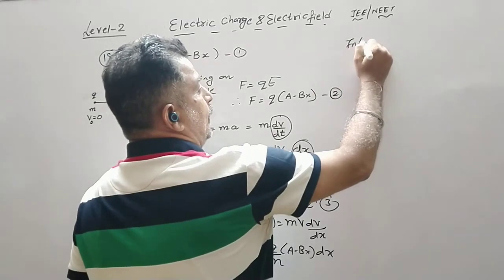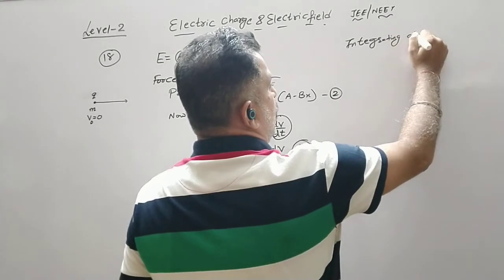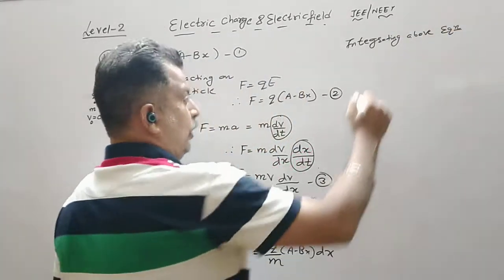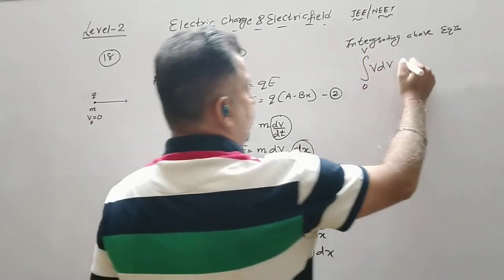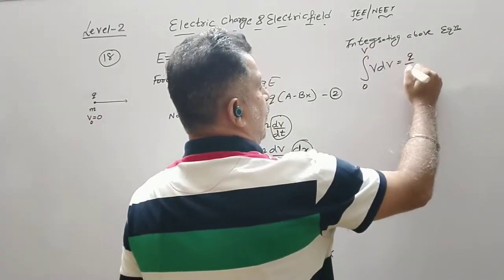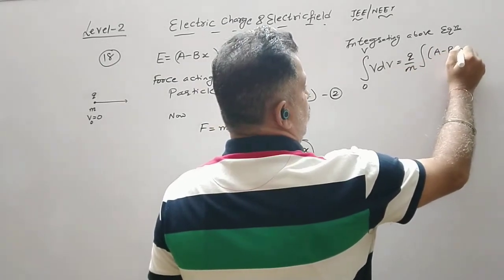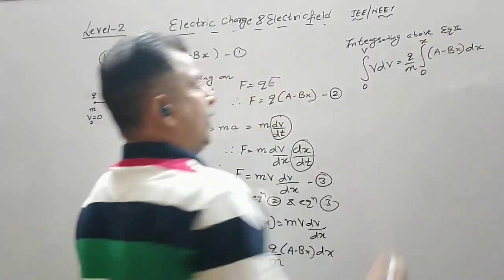So integrating the above equation, the integral of v dv from 0 to v is equal to Q by m times the integral of (A minus Bx) dx, with the limit 0 to x.